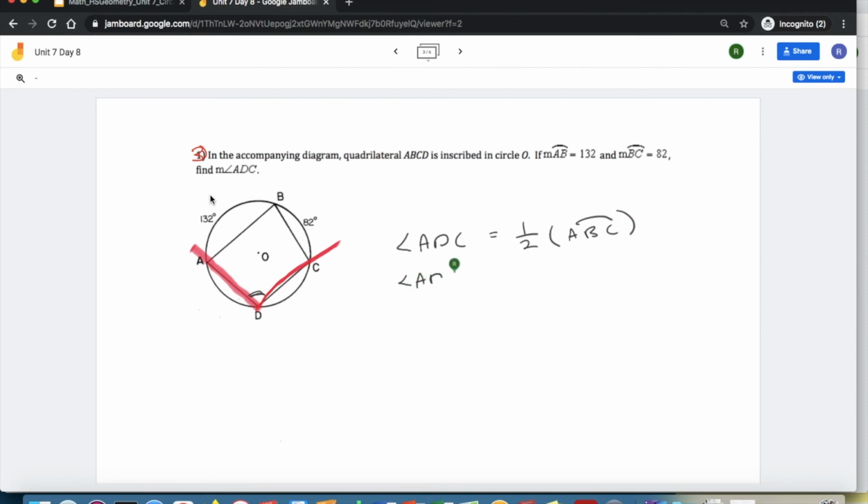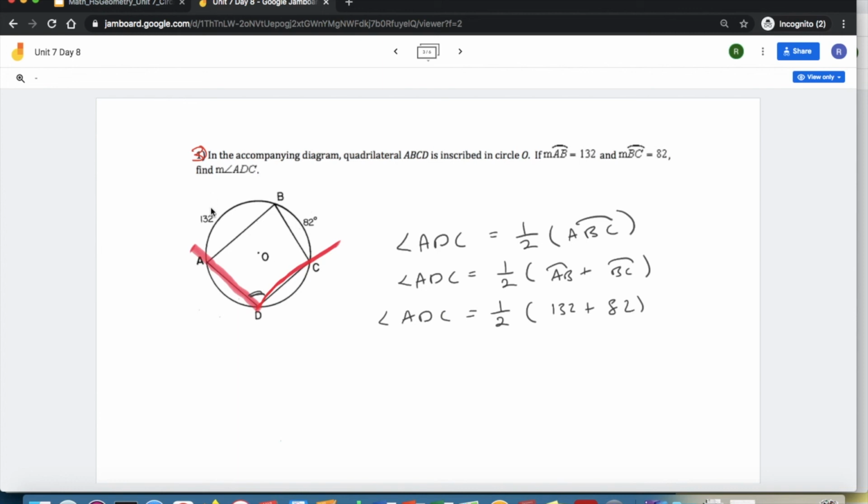We can substitute and say arc ABC is going to equal arc AB plus arc BC. So let's use these numbers. We have 1/2 of arc AB, 132, plus arc BC, 82. That should give us our answer for angle ADC.